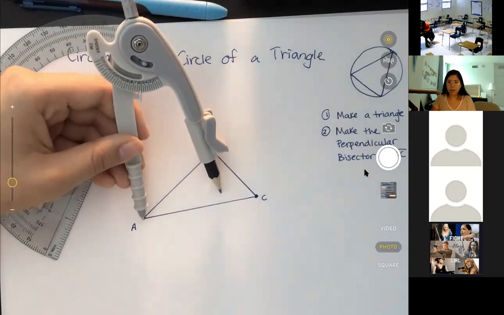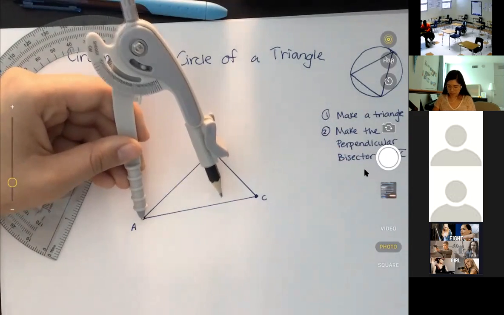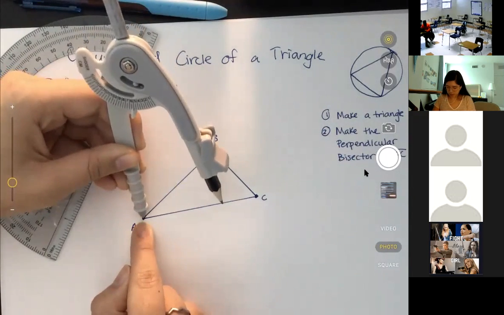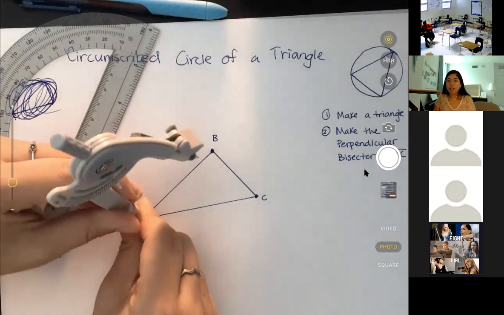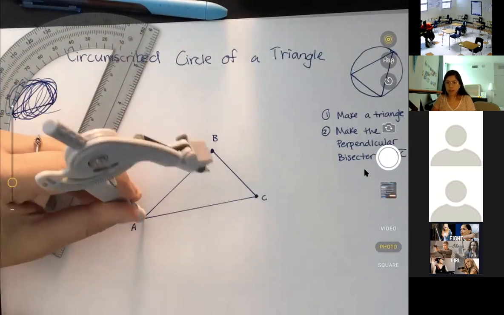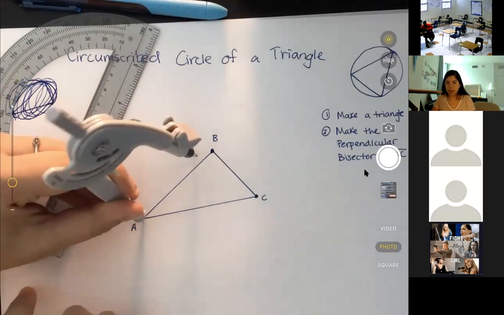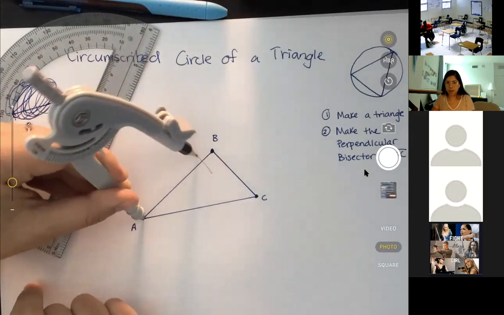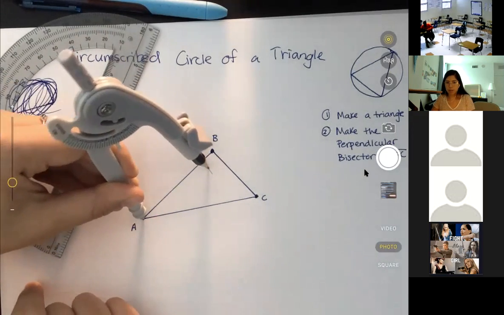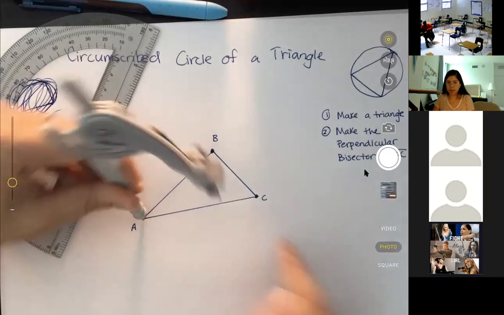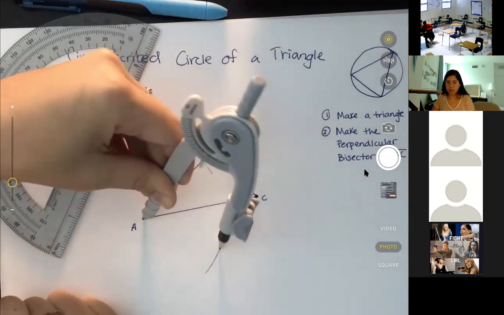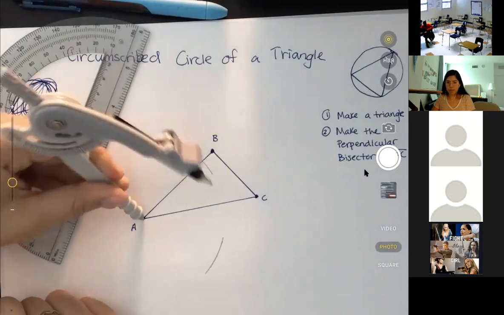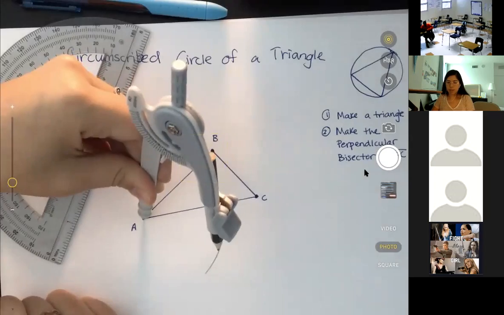Then I'm going to stick it in A and draw an arc above AC, and then below AC. So I went above, and then I swiveled it and went below.